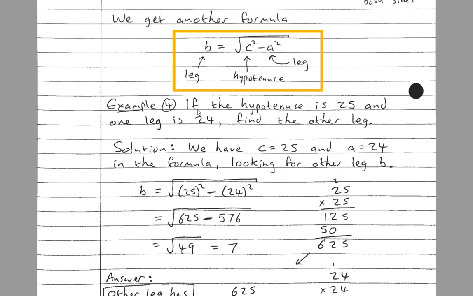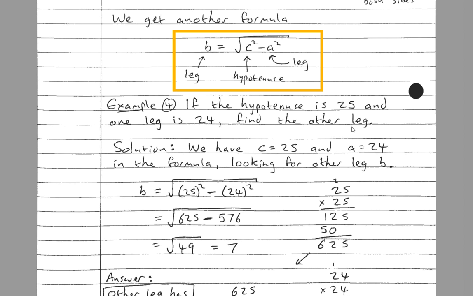Example 4: if the hypotenuse is 25 and one leg is 24, find the other leg. All right, so for this right triangle, we know the longest side is 25. One of the short sides is 24.